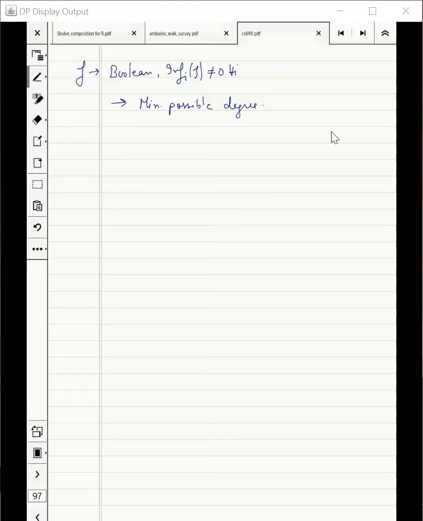What we are going to show is that for every such f, degree of f is going to be more than log n. Also, there exists a function f such that degree of f is order of log n. So Debarsho had taken a correct guess, but it was cheating in some sense.